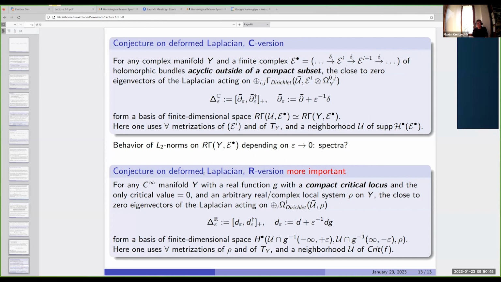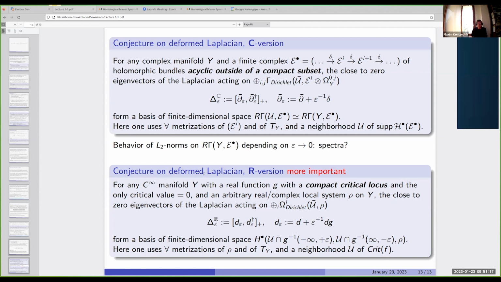a kind of spectral gap. Some eigenvalues will stay separated from 0, bigger than some constant, and a few eigenvalues will be very close to 0, maybe exactly 0. And the number of small eigenvalues when epsilon goes to 0 will be the same as the dimension of R gamma of my open neighborhood with coefficients in this complex of vector bundles.